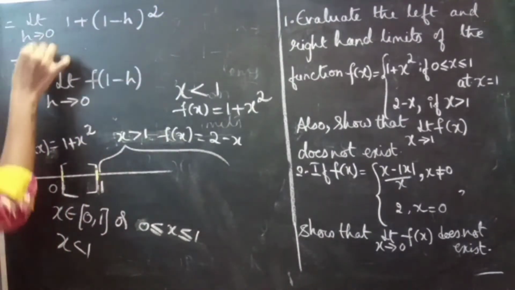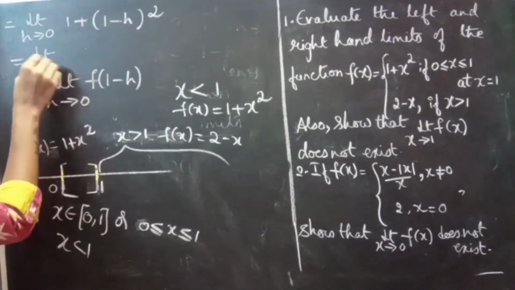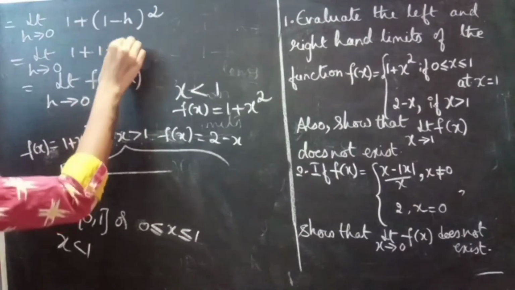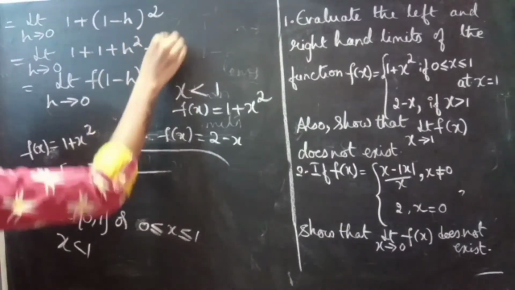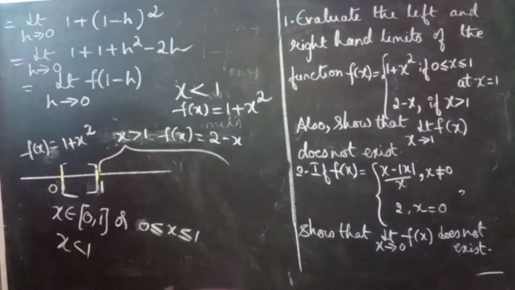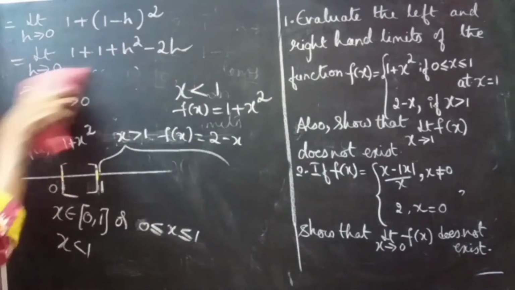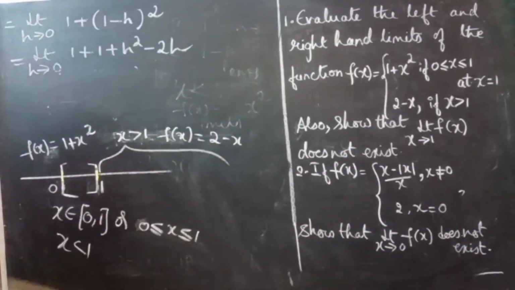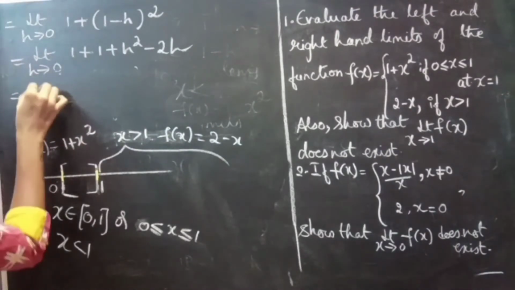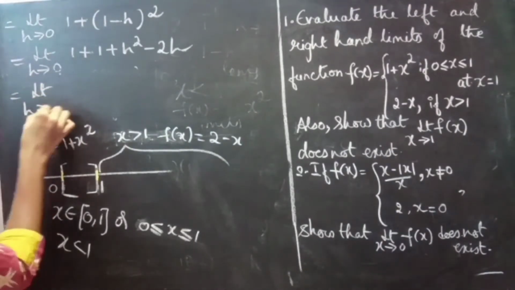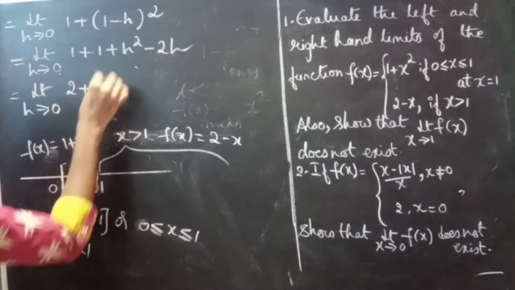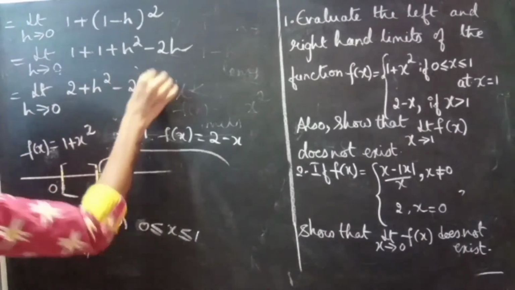So this equals limit h tends to 0, 1 plus h square minus 2h. So this equals limit h tends to 0, 1 plus 1 is 2 plus h square minus 2h.